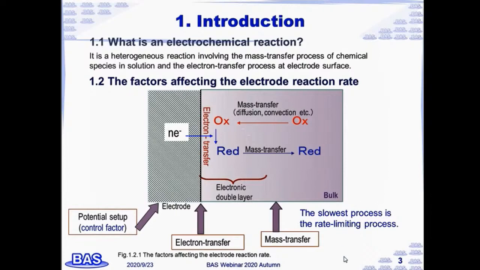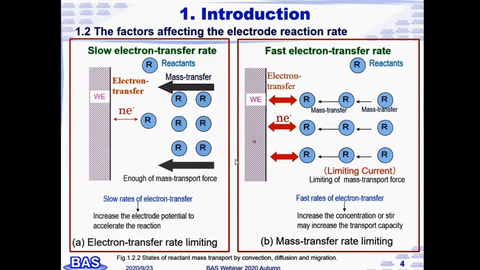Electrode reaction rate. The current is considered to be controlled by the slowest process, the rate-limiting process. Electron transfer process and mass transfer process are the main factors affecting the electrode reaction rate. In a slow electron transfer rate reaction system with sufficient transport capacity, the electron transfer process determines the electrode reaction rate.